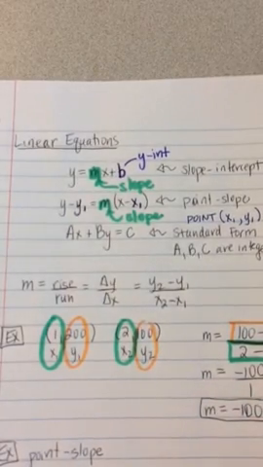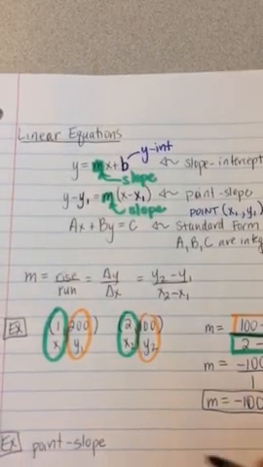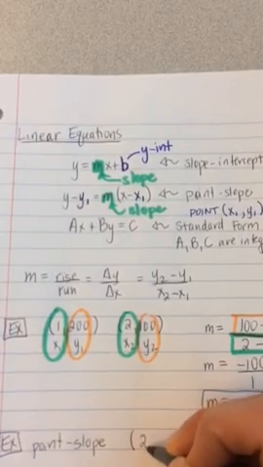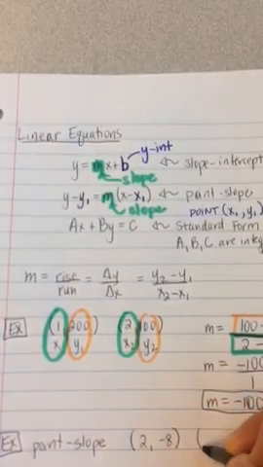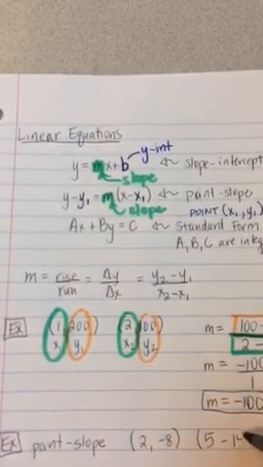Let's suppose that you have 2 points. You're just given 2 random points, maybe like (2, -8) and (5, -14).